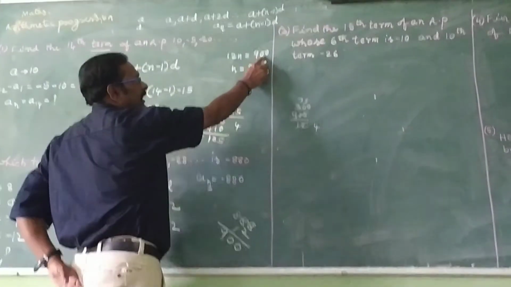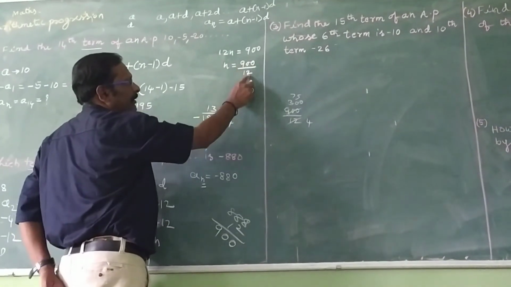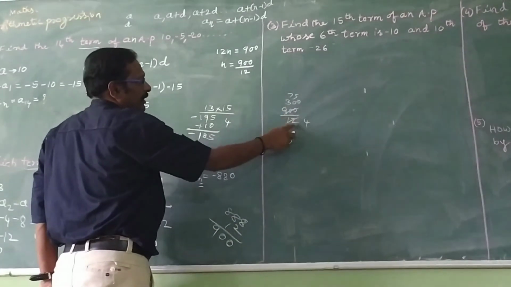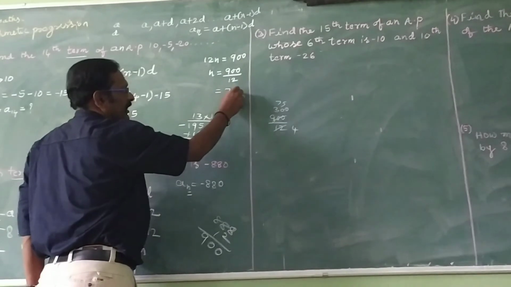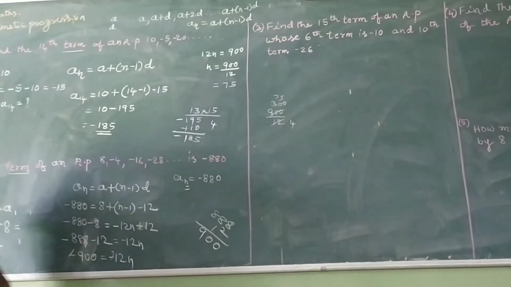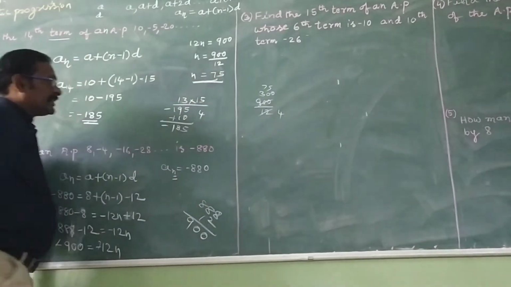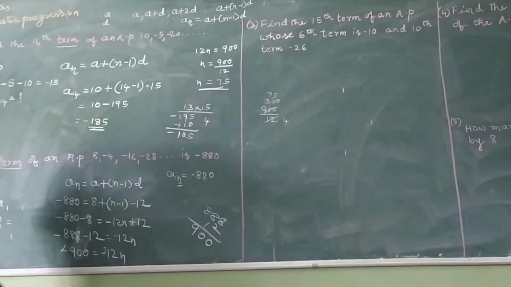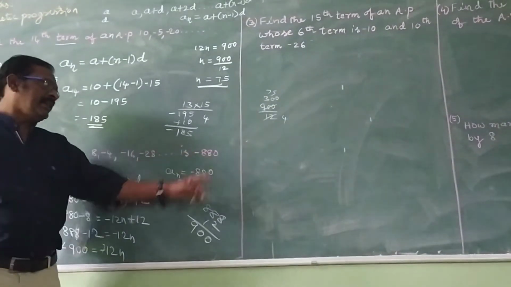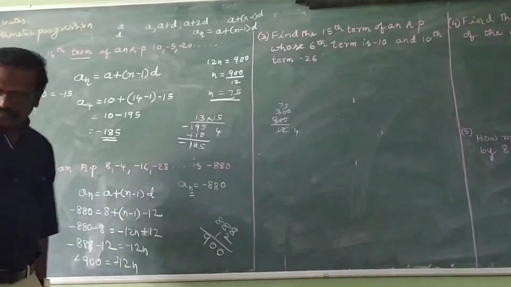So 12n is 900, this coefficient goes down. 900 by 12, divide 900 by 12, you get 75. So the n value is equal to 75. In this AP, minus 880 is the 75th term. Okay.